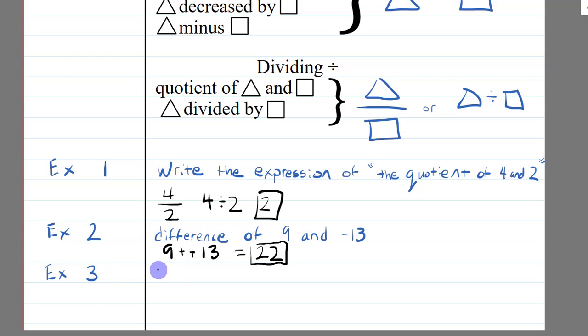Let's do the product of 4 and 8 divided by x.